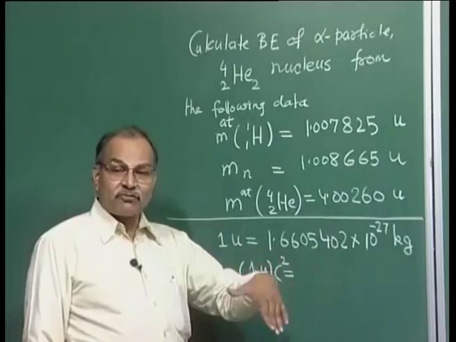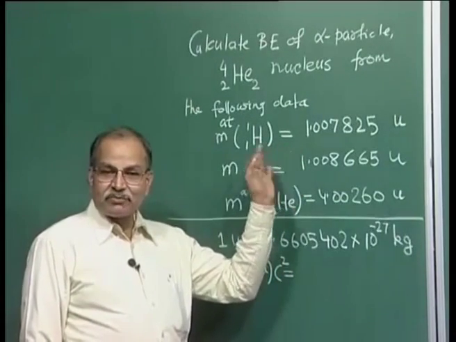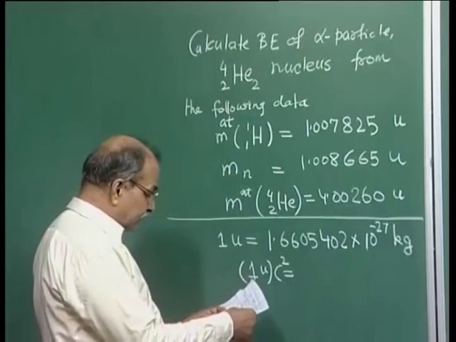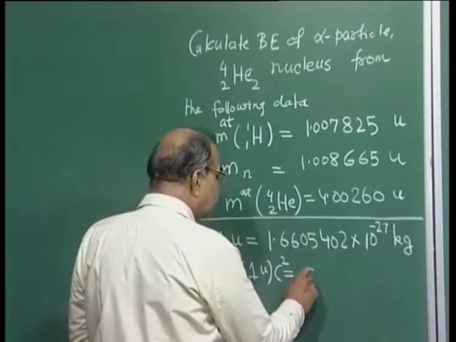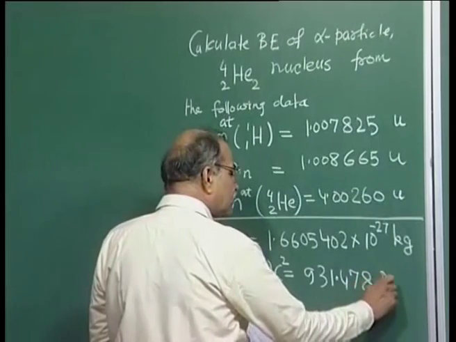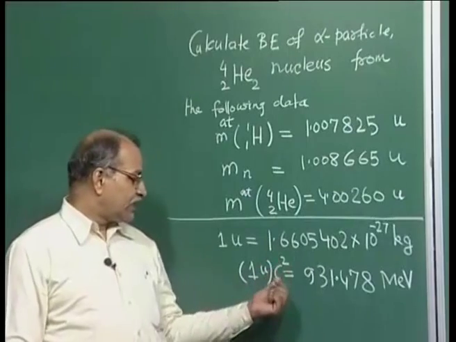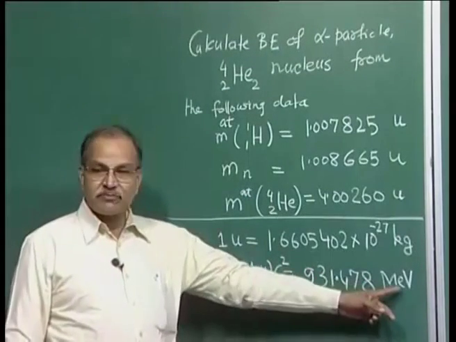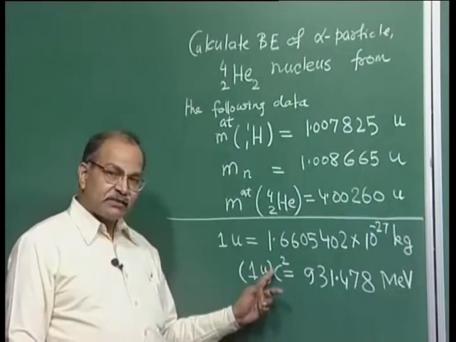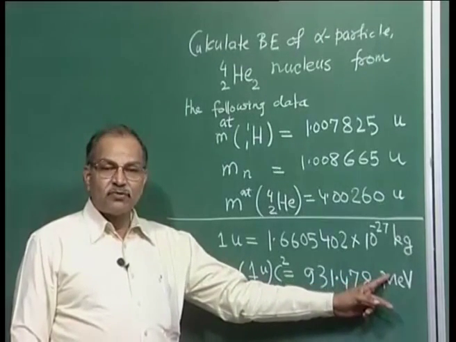Convert that to electron volts, right. 1 electron volt is 1.6 into 10 power minus 19 joules. So, when you do that, that will be 931.478 mega electron volts. Okay. So, multiplied by c square and written in terms of electron volts, 1 atomic mass unit corresponding mass energy is 931.478 mega electron volts.